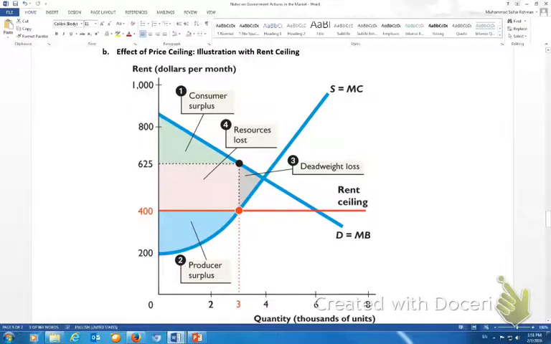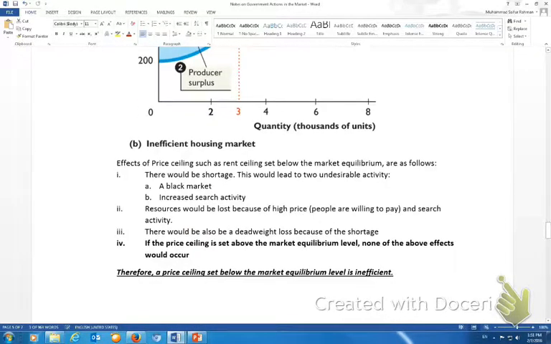Okay, so let us now summarize what is going to happen when there is a price ceiling. When there is a price ceiling, there would be a shortage to begin with. And whenever there is a shortage, it is going to lead to two undesirable properties on the market. One is that there is going to be a black market.